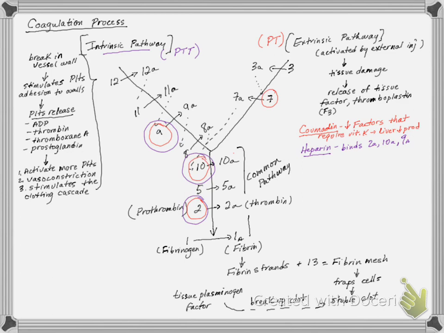So when a patient is on Coumadin, we are going to check PT times. And when a patient is on heparin, we're going to check PTT times. We're going to go into a little bit more detail later, but for now, this is what we need.